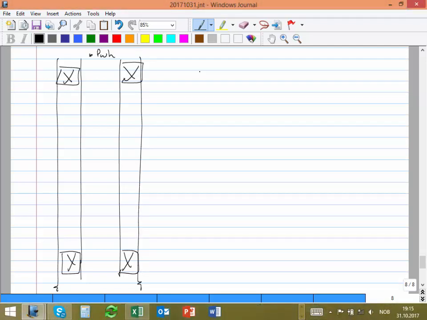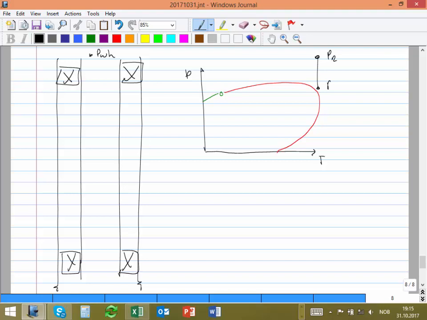Okay, and I have again this phase diagram. So in this case, this point is to the left. Then we have here reservoir pressure.